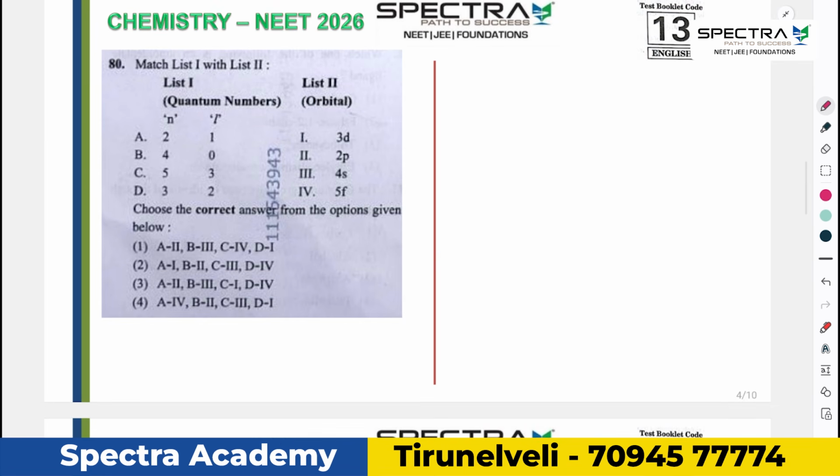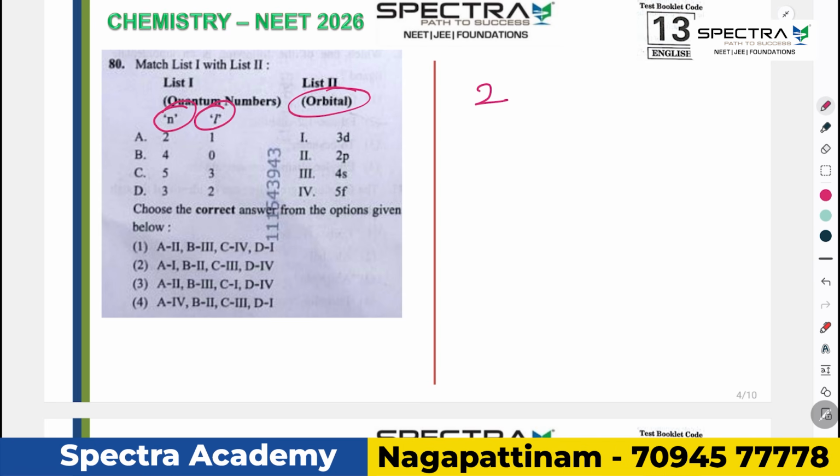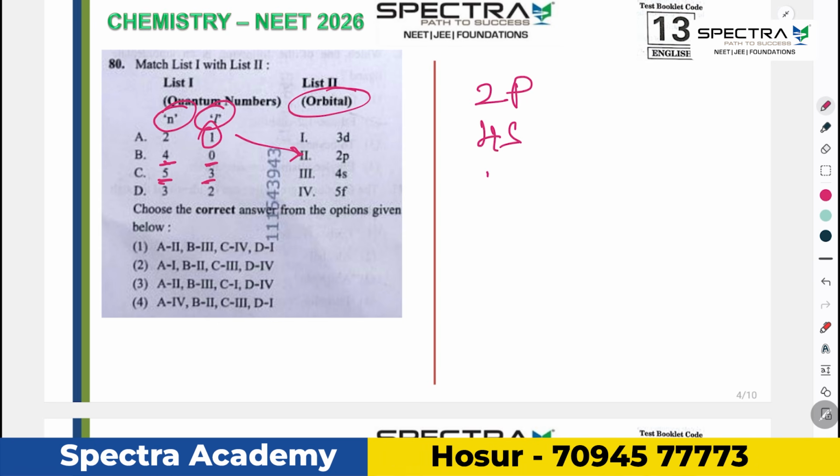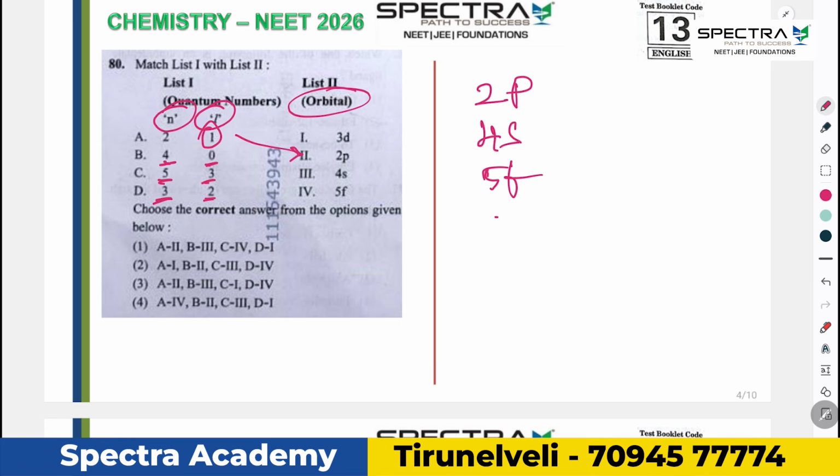Next, 80. This is very easy. N and L values are given, and you have to identify the orbital by using these N and L values. N is the principal quantum number. N is 2 and L is 1, it is a p, so 2p, which is the second option. 40 means 4s, 53 is 5f, 32 is 3d.